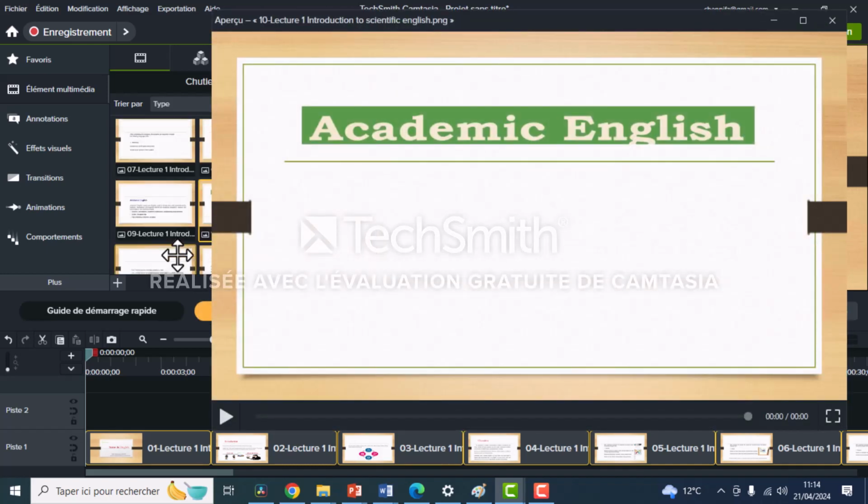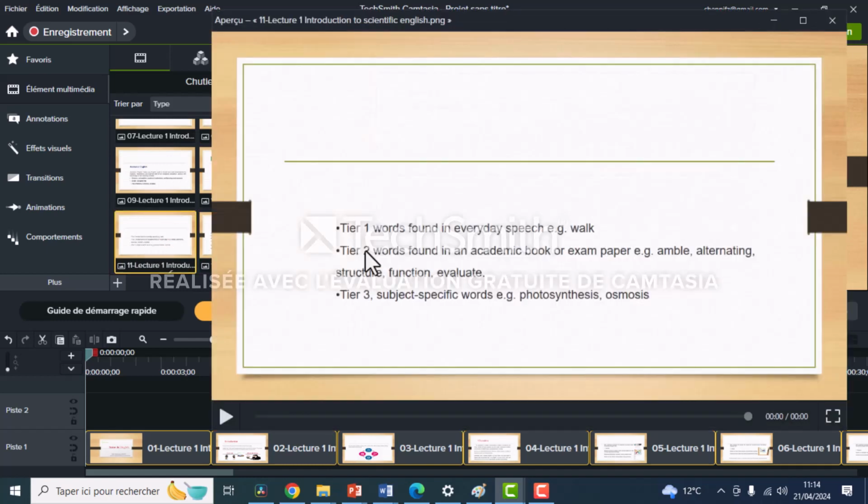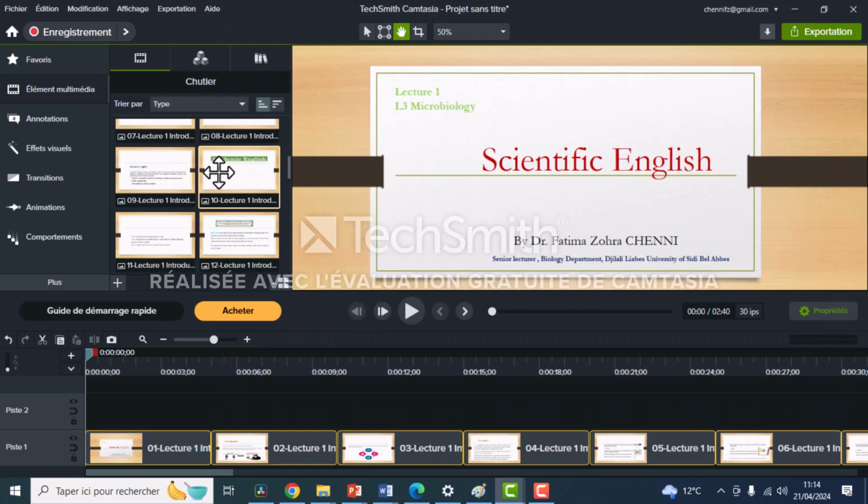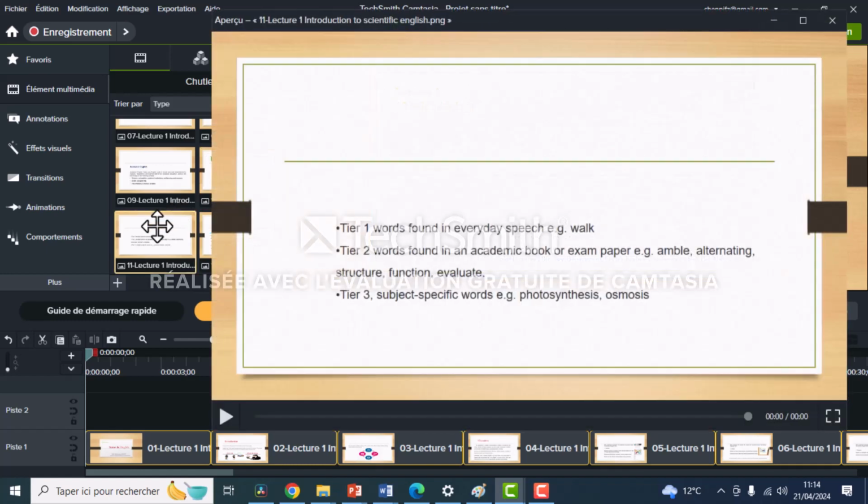Now, for academic English, we have some aspects to differentiate the use of English in a formal way and an informal way.